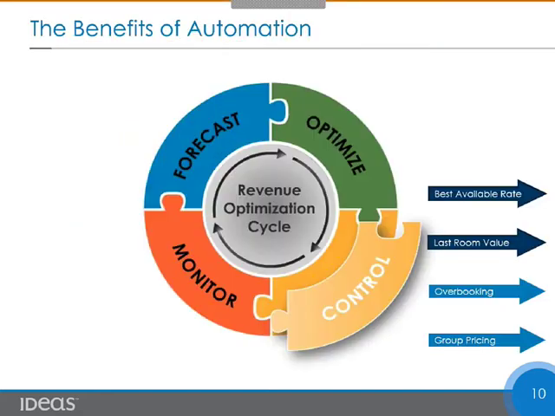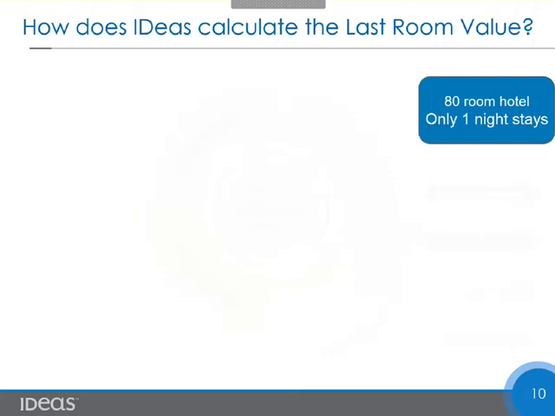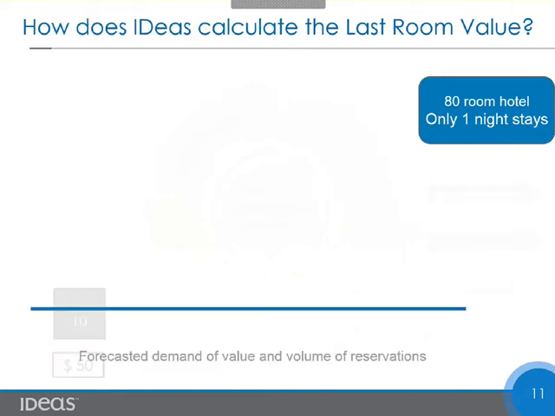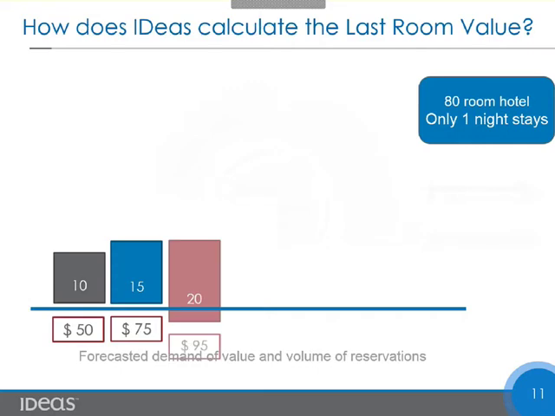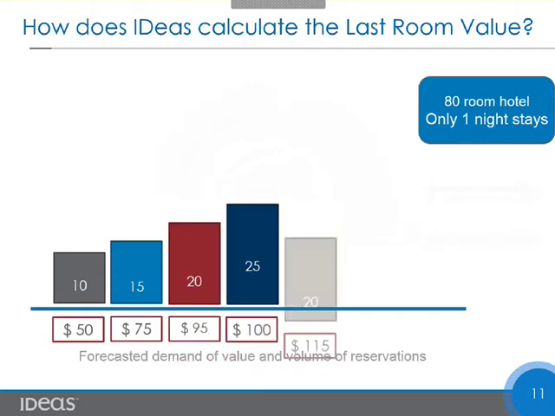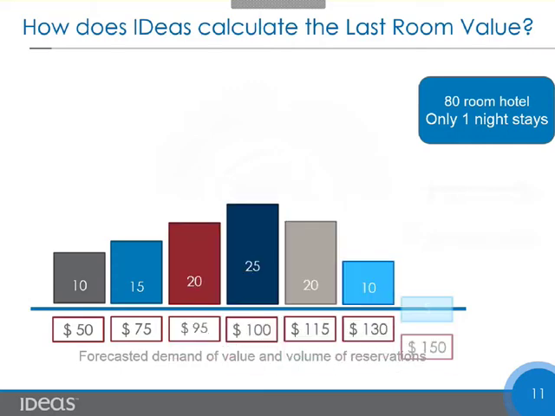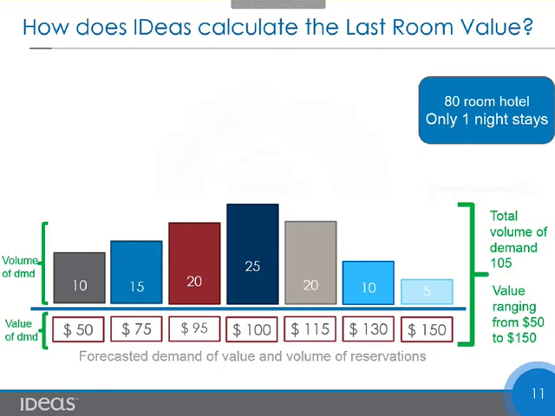Next, let's talk about how the last room value or hurdle works. This is a very simplified example, only looking at 1 week, 1 night length of stay, and only at the 80-room hotel. Let's imagine IDeaS has forecasted demand for this 80-room hotel as follows: 10 rooms at $50, 15 rooms at $75, 20 rooms at $95, 25 rooms at $100, and so on.